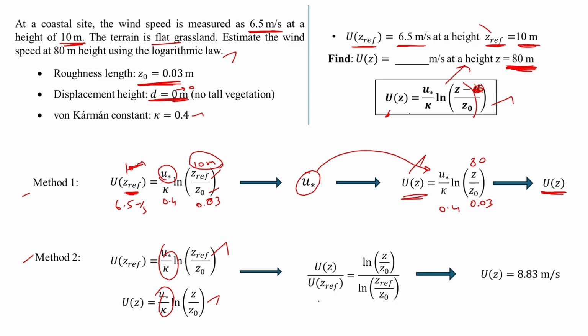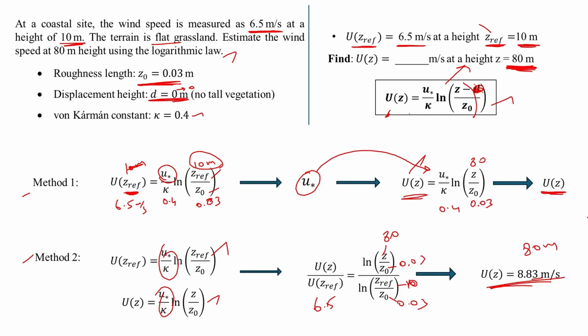Now if you see, this is 6.5 at the reference height. So this is 80 meter, this is 0.03, and this is 10 meter. Now if you solve, we will get the velocity at the 80 meter height, which is 8.83 meter per second using the logarithmic law.